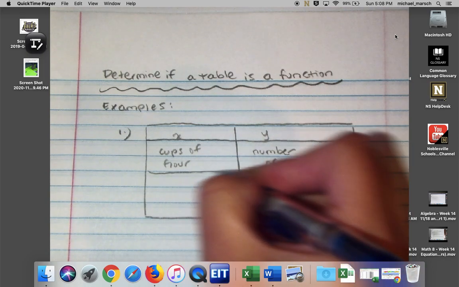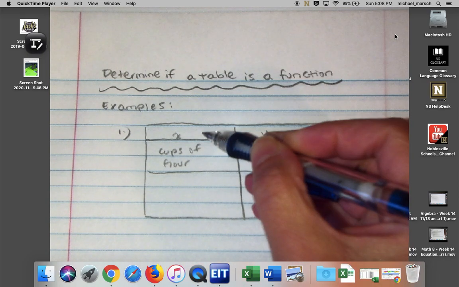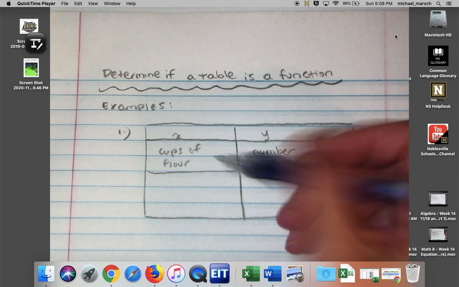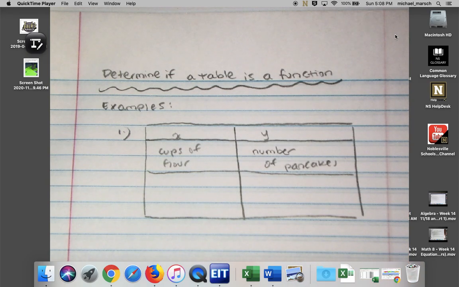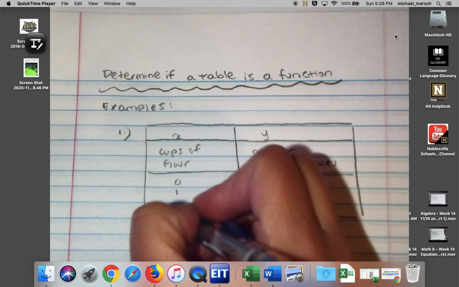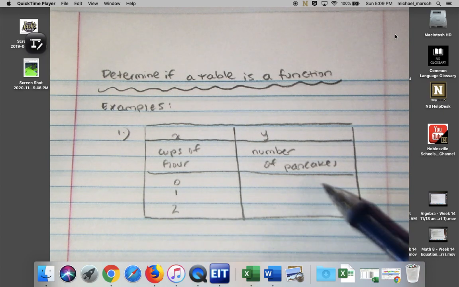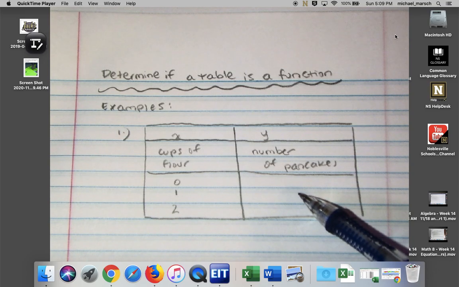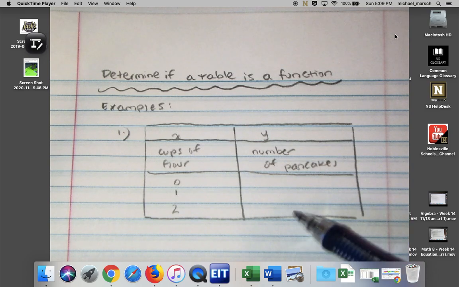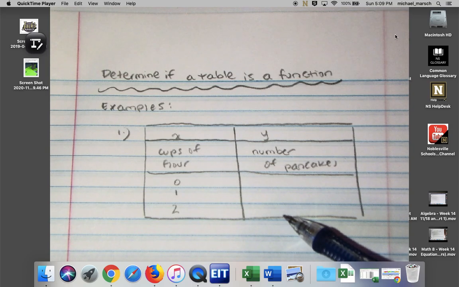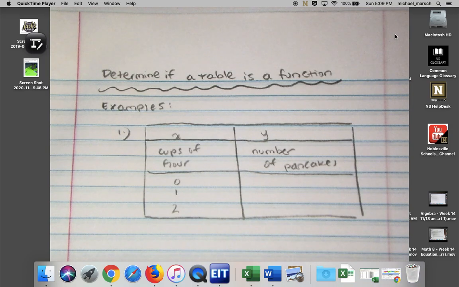All right, so in this table, we have our input, x values, right, which is cups of flour. And then based on how many cups of flour you use, that's how many pancakes you would get if you were making pancakes, and that's our output, right? So kind of like that metamorphosis video. It goes in as one thing, it comes out another, right?